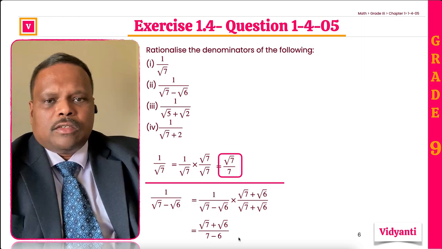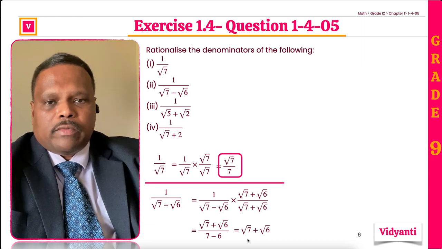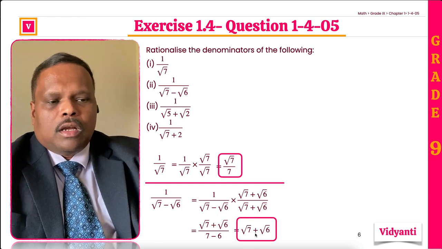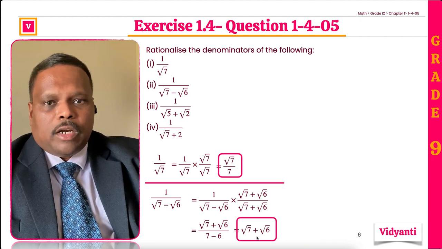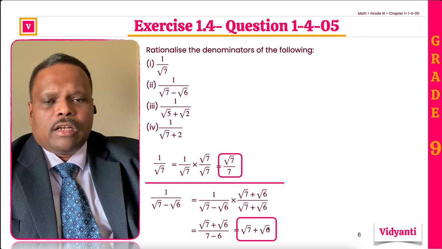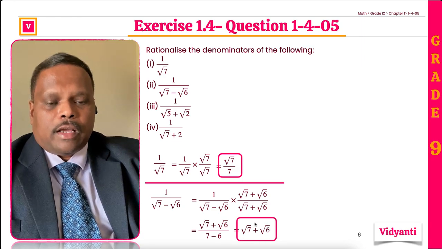So 7 minus 6 is 1, divided by 1 is the same number. So the final answer will be root 7 plus root 6, and there is nothing now in the denominator, which is equivalent to 1. 1 is a rational number, so we can say with sufficient confidence that this is already rationalized.